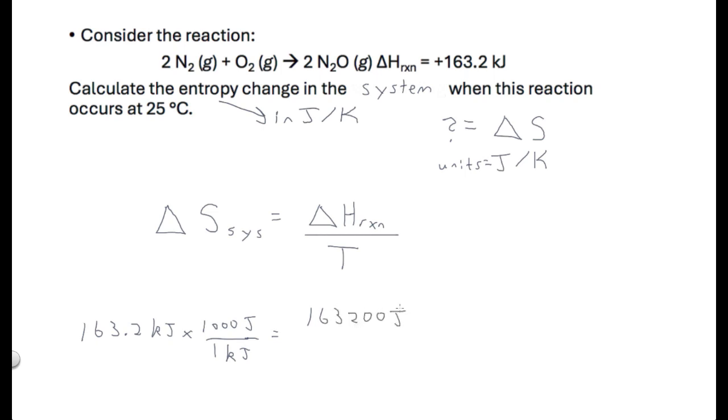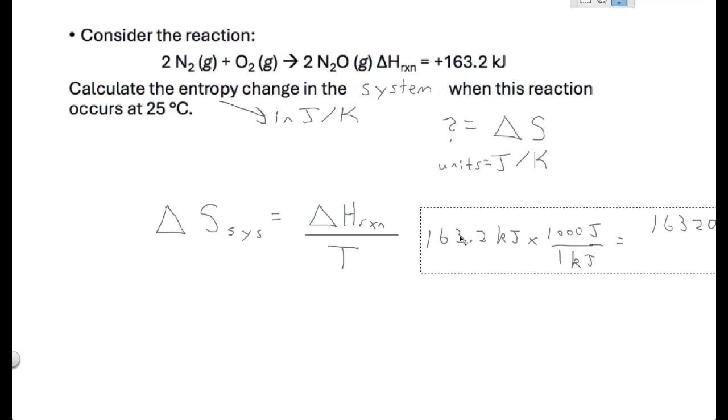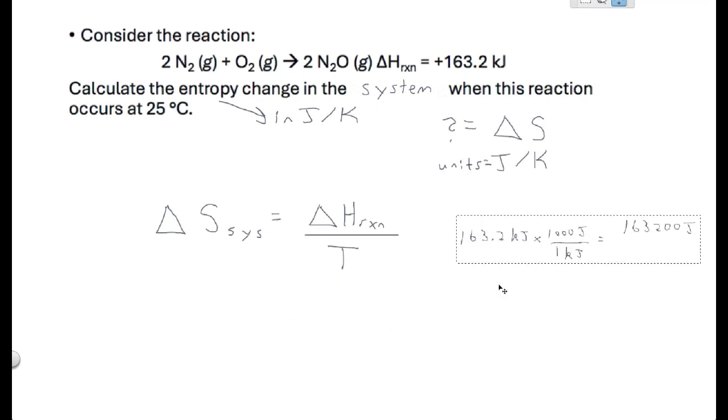And then the temperature we need to convert from Celsius to Kelvins. So we'd have to do 25 plus 273.15. So that would give us 298.15 kelvins.